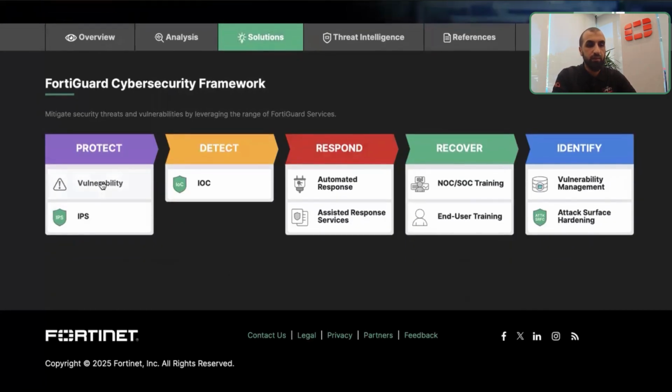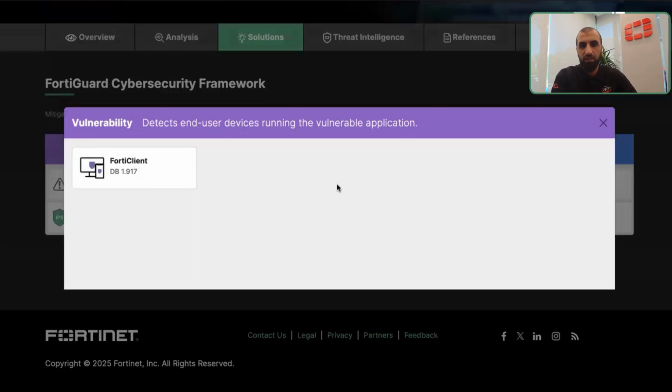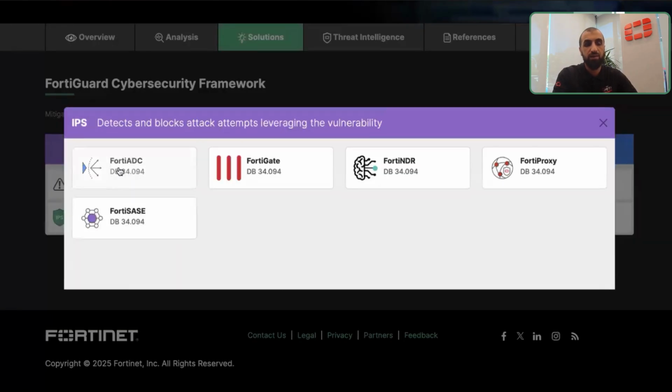Beyond patching the system, FortiGuard Labs strongly recommends a multi-layer defense, which is key. Several layers of protection are very important, for example, having an intrusion prevention system here. You can see we have the right signature that immediately detects and blocks this attack.